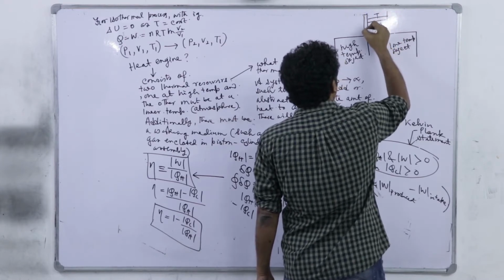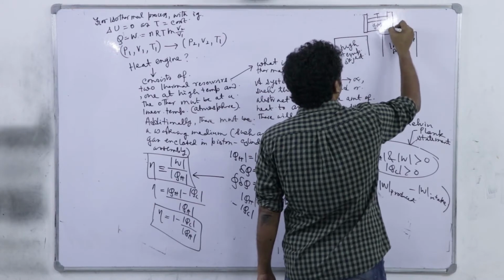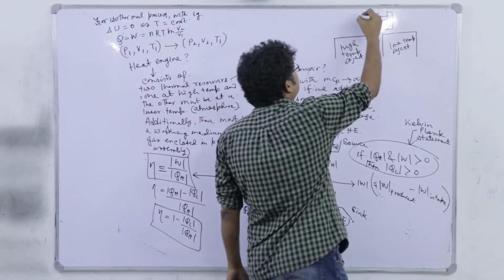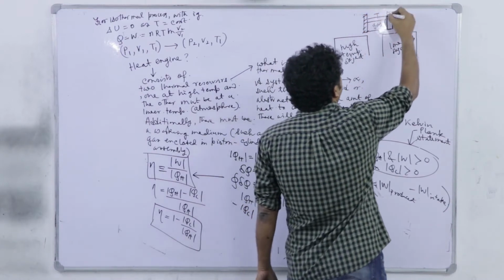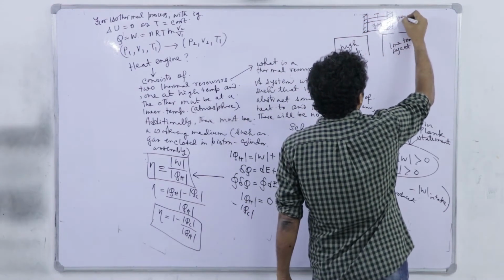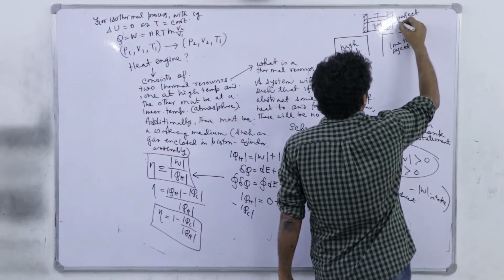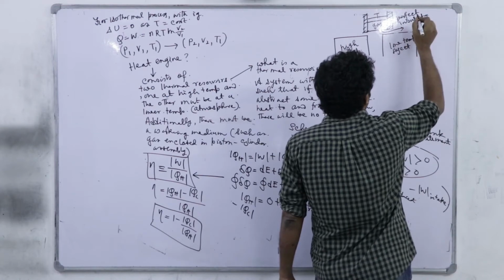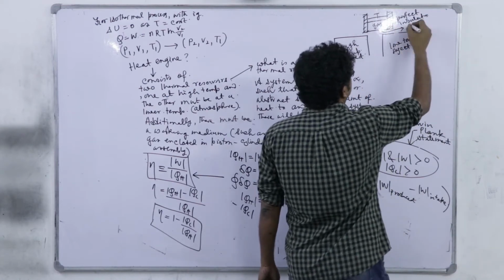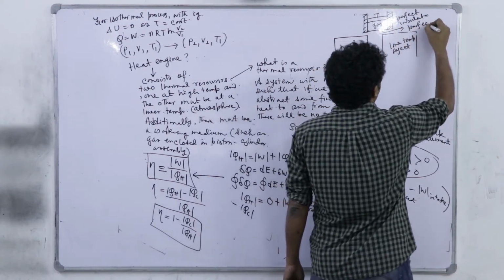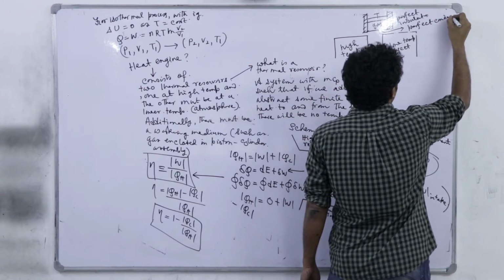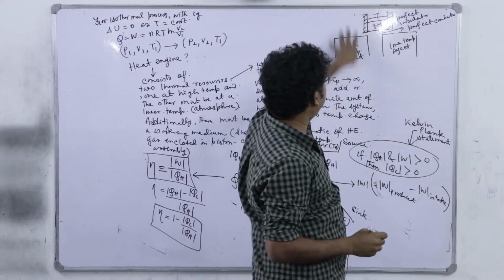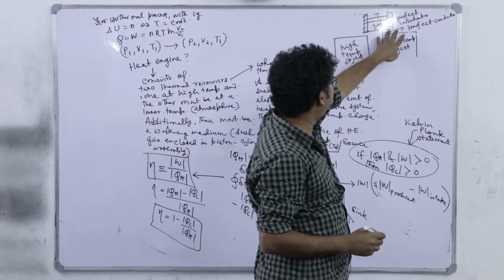Now, the side walls we can consider they are perfect insulator. This is a thought experiment basically, and this is a perfect conductor, right.